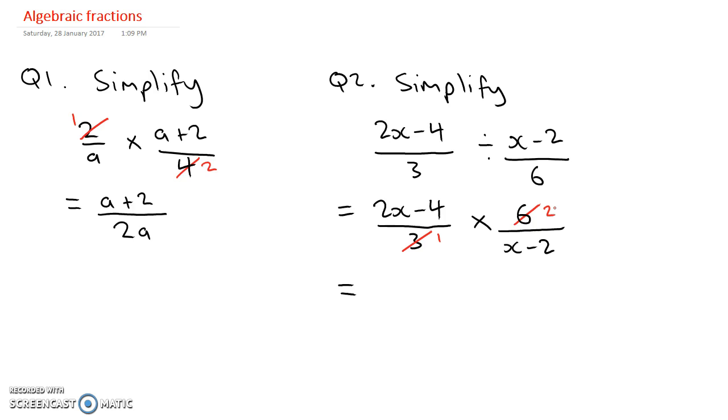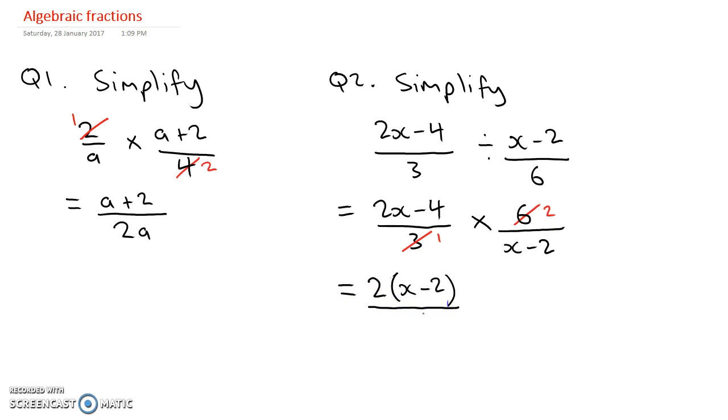And what we can do with the 2x minus 4 and the x minus 2 is we can actually factorize the top line of the first fraction. So I'm going to take out a common factor of 2, so that becomes 2 outside of x minus 2.